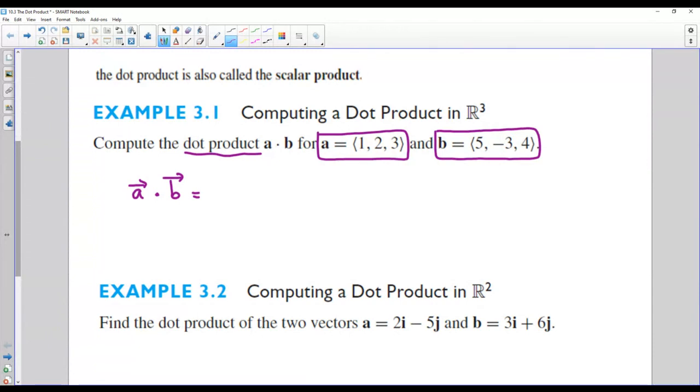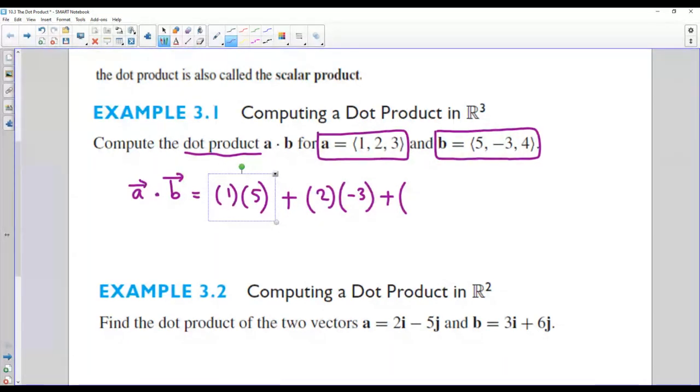It's 1 times 5, plus, remember you need to add, you need to add, the 2 multiplied by the minus 3, and also the 3 multiplied by 4.